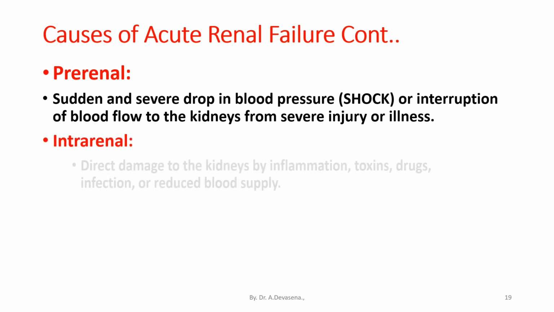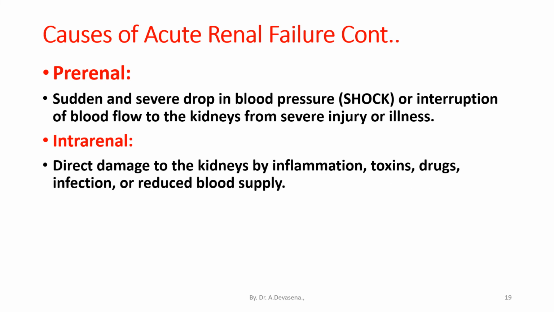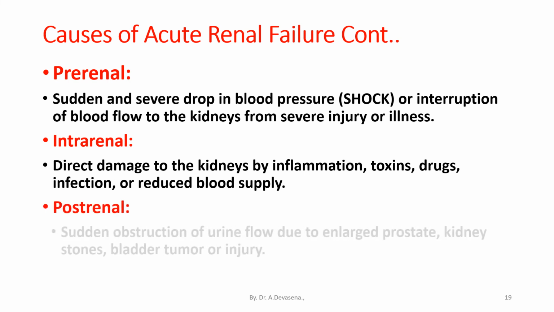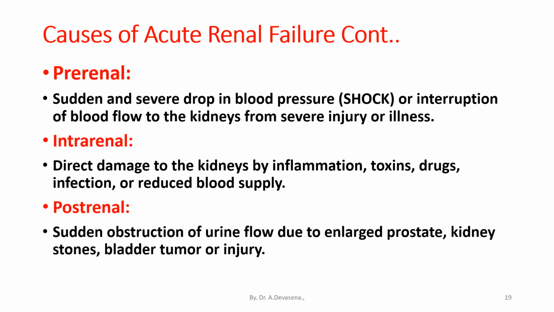Intrarenal. Direct damage to the kidneys by inflammation, toxins, drugs, infection, or reduced blood supply. Post-renal. Sudden obstruction of urine flow due to enlarged prostate, kidney stones, bladder, or injury.